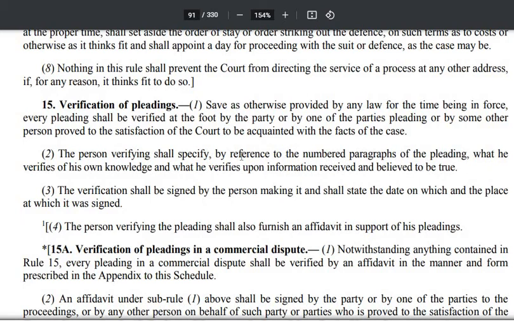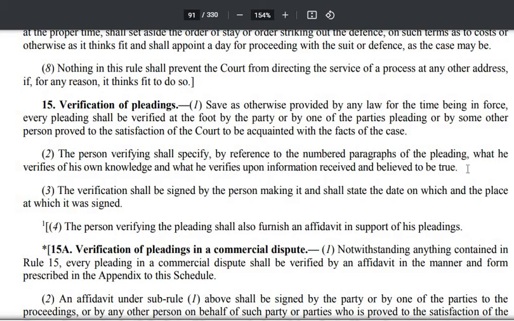The person verifying shall specify by reference to the numbered paragraphs. Just para 1, 2, 3, 4. So that paragraphs of the pleading, that is what he verifies of his own knowledge, and what he verifies upon information received and believed to be true.